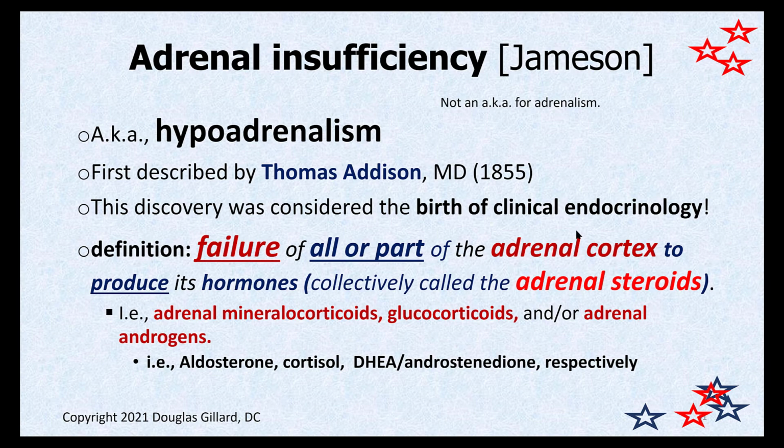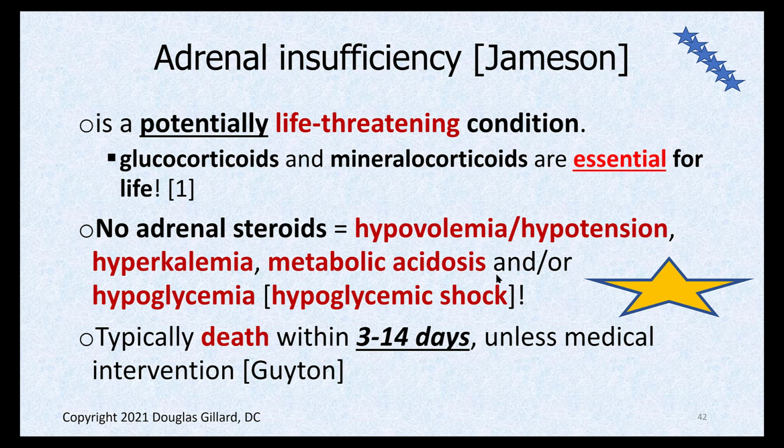What is it? It's a failure of all or part of the adrenal cortex to produce its hormones, mainly collectively called the adrenal steroids. It depends what type it is, and we'll look at the types in a second. And it is life-threatening. We'll look at this more next time, how it can put you in the hospital, could kill you.